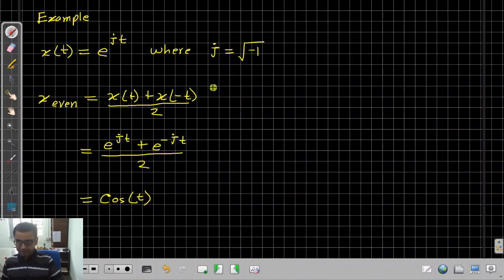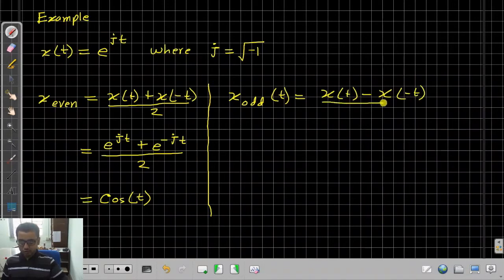Okay, similarly you can calculate x odd t, that will be x(t) minus x(minus t) whole divided by 2. Now if I put the values, e to the power jt minus e to the power minus jt whole divided by 2.